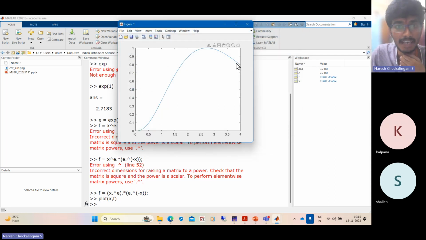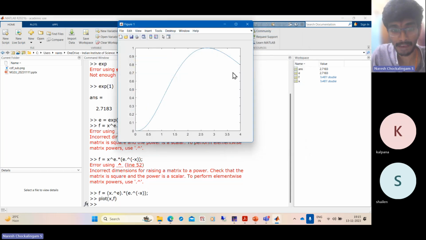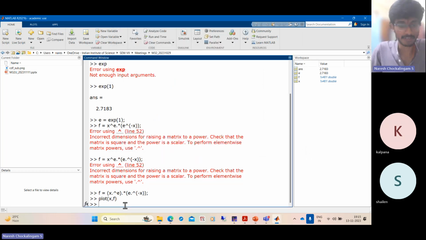So this is the function basically. If we visualize it as a plot, x power e power minus x is a function like this. So we can check the answer we got by calculus.